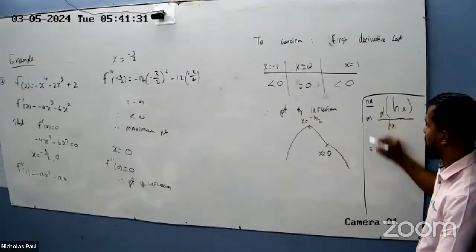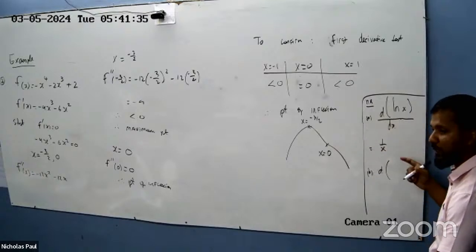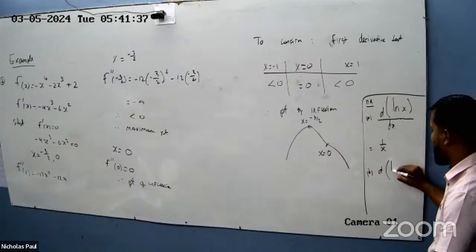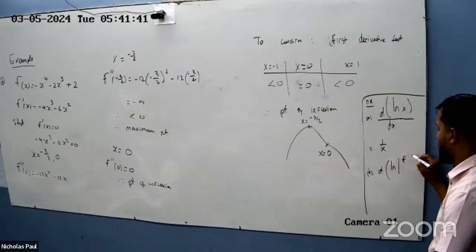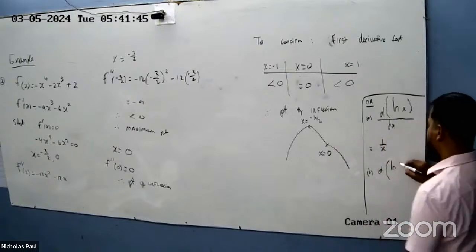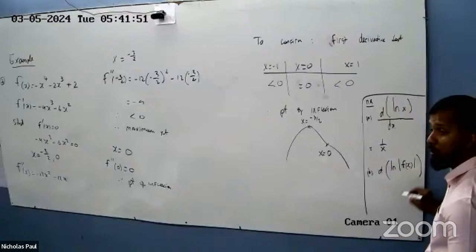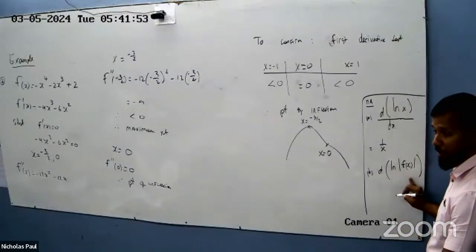Generally, if I ask you to differentiate something that looks like this, ln of the modulus of f of x. Anybody remember why I put in modulus signs here? Because we can only find the log of a positive.